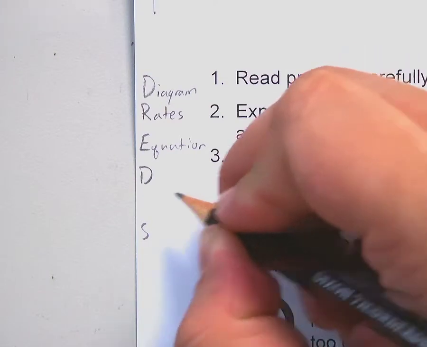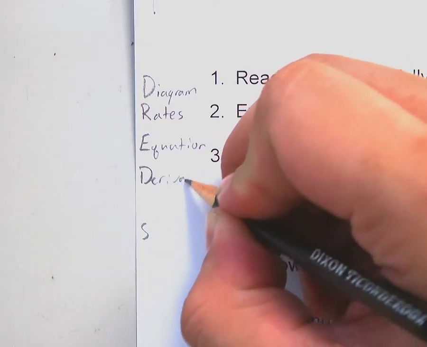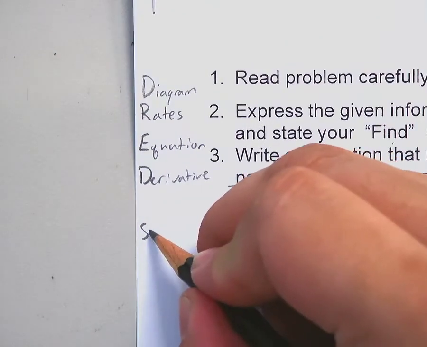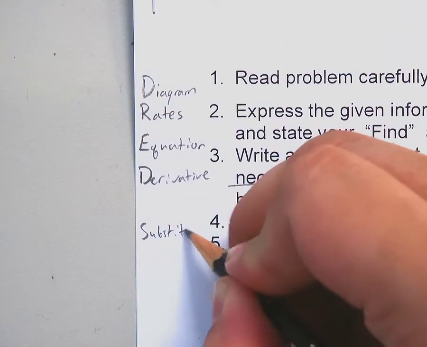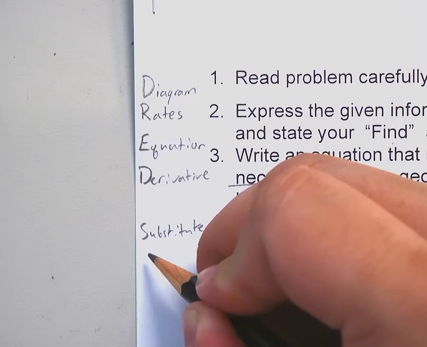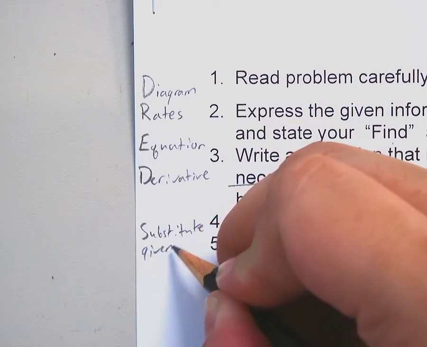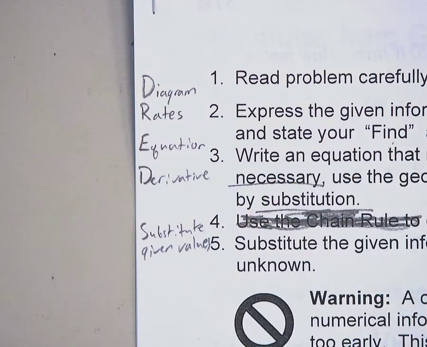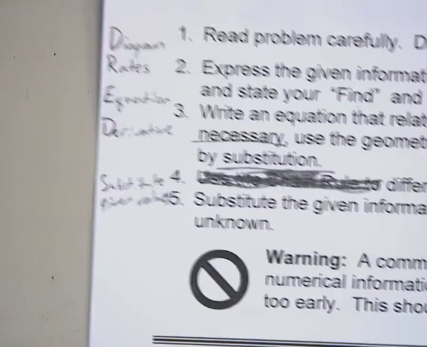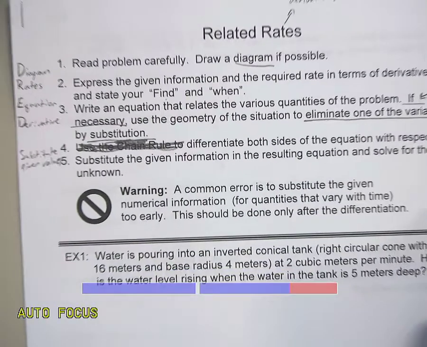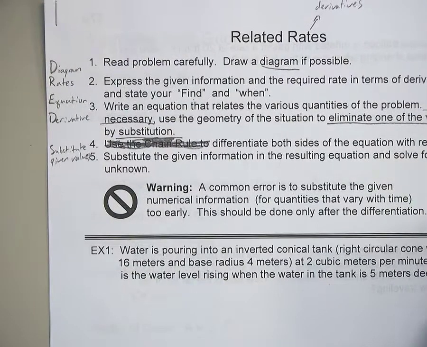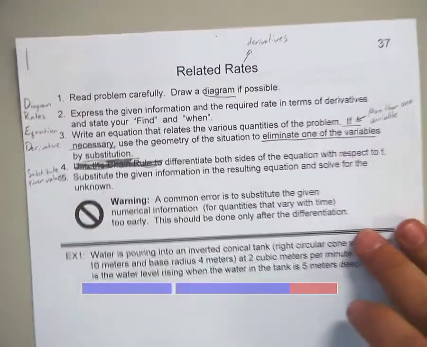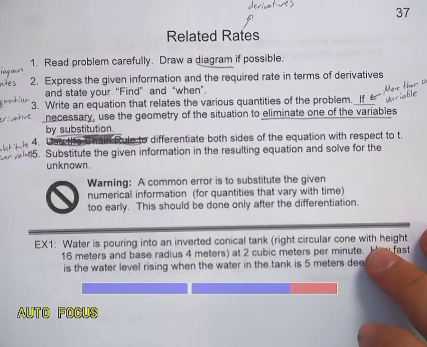Then and only then do you take a derivative. And after you have taken a derivative, you are going to substitute given values. Sorry for the handwriting, but hopefully you're used to that by this time of the year. Diagram, rates, equation, derivative, substitute. DREDS. Easy way to remember this process.